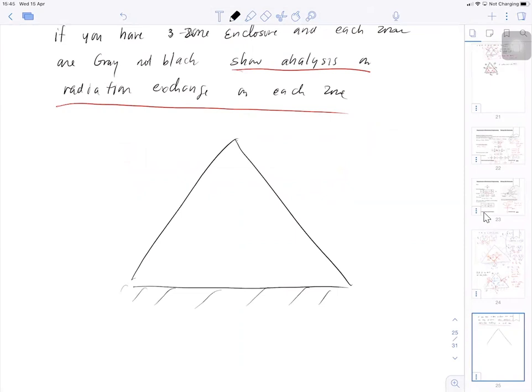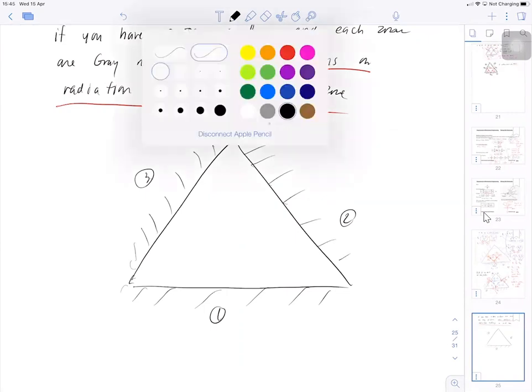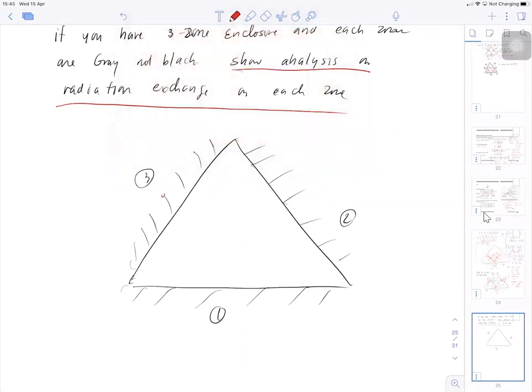Always. Like a triangle, surface 1, surface 2, and surface 3. Okay? You know that the surface itself is not black. What you learn is that the surface itself has an internal resistance. What is the internal resistance again? Resistance is 1 minus epsilon, let's say this, mark it the same way that we just did, 2 and 3.